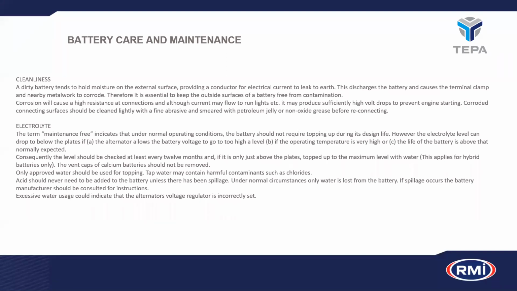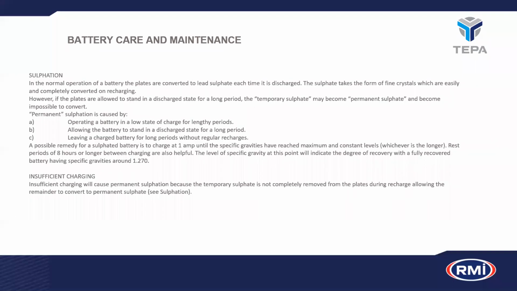And if there's been a spillage, you have bigger problems in terms of making sure that the acid spillage isn't damaging other components, especially if the battery is in the vehicle. And then the final one, which is quite important to note if you do have an open cell battery, is that excessive water usage could indicate that the alternator's voltage regulator is set incorrectly. The voltage regulator is the thing that determines whether the battery keeps charging or not.